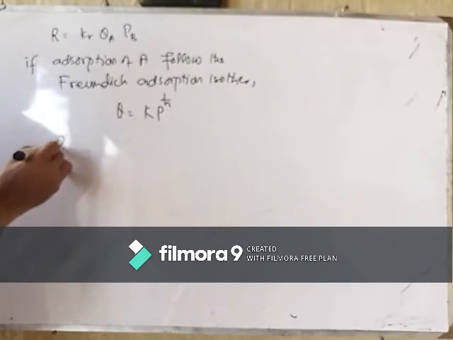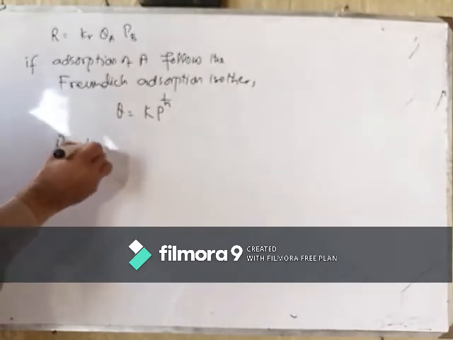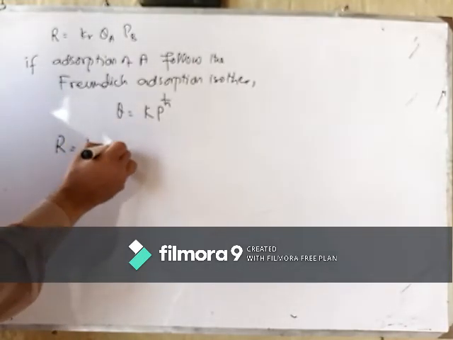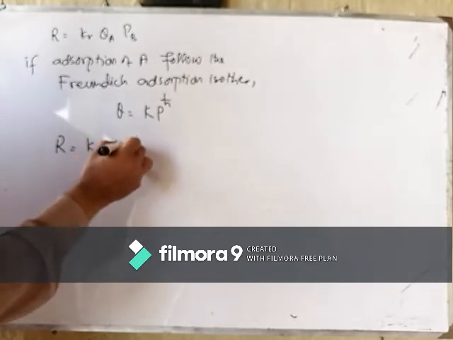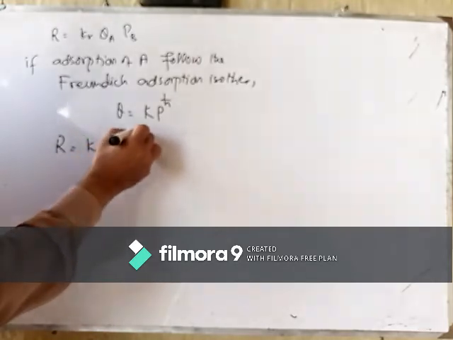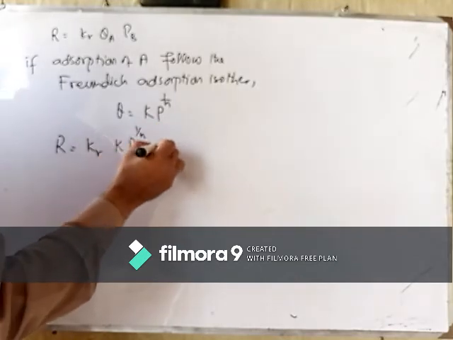Then we get R is equal to KR K P of A to the power 1 over n and pressure of B.